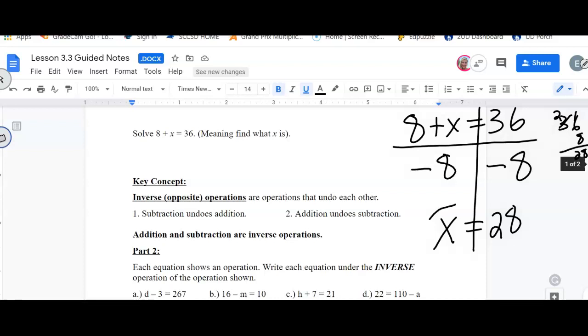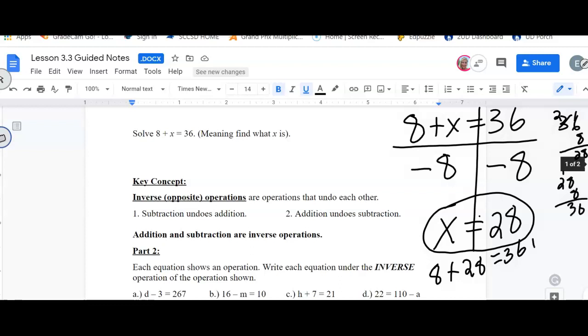Perfect. Check your answer. This is the answer. We have to check and see if that's right. So we take 8 plus 28, the value of x. Does that equal 36? 28 plus 8, 36. It checks off. Again, show me that check mark.